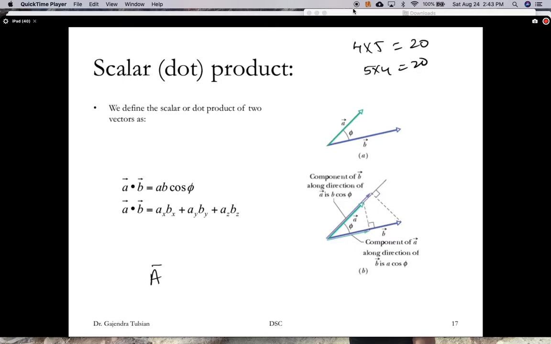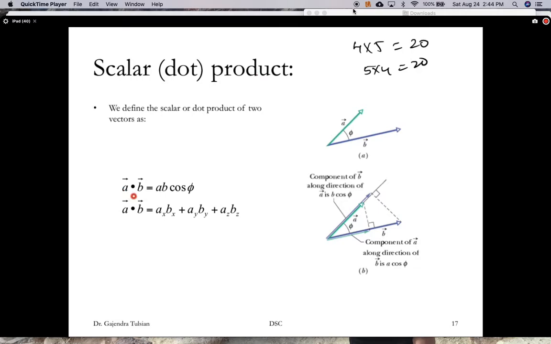We'll define something called a dot product or a scalar product. And as the name suggests, the result is a scalar.